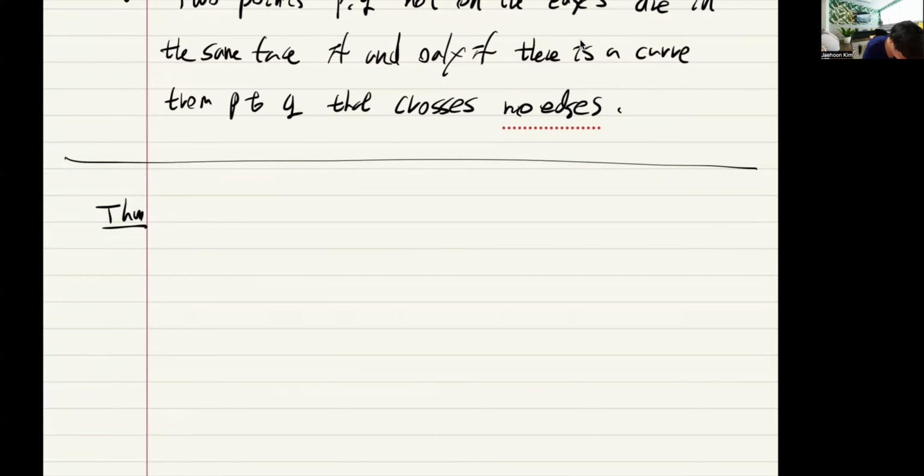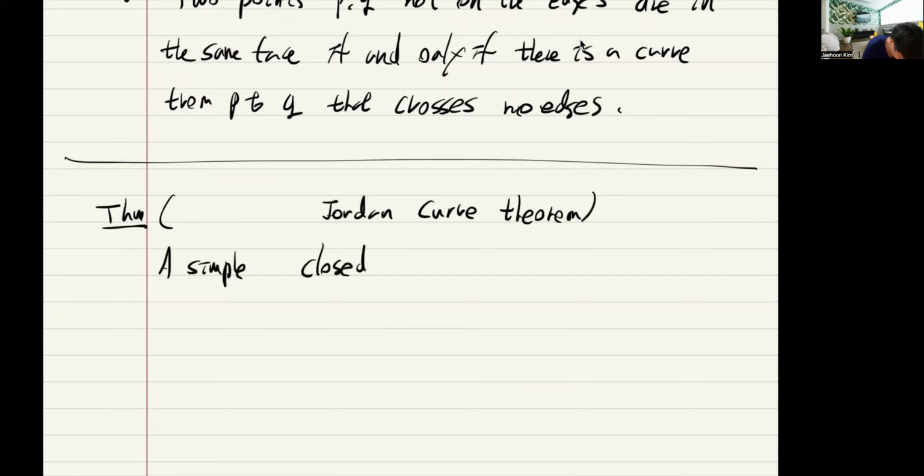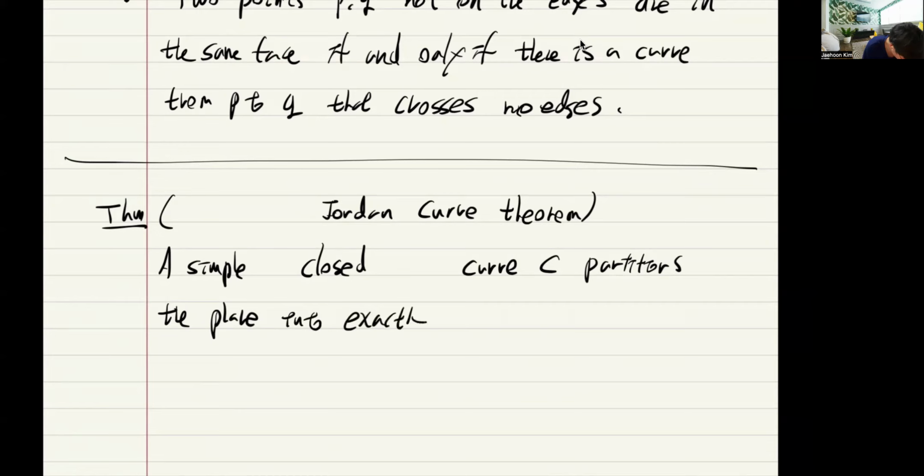which is the Jordan curve theorem. A simple closed curve C partitions the plane into exactly two faces, and each of these faces has C as its boundary.